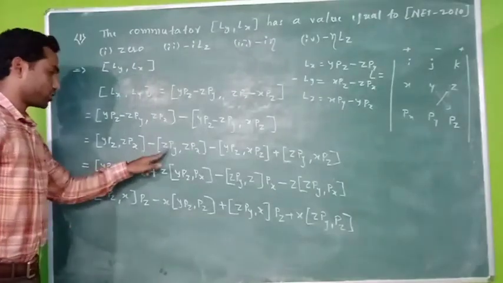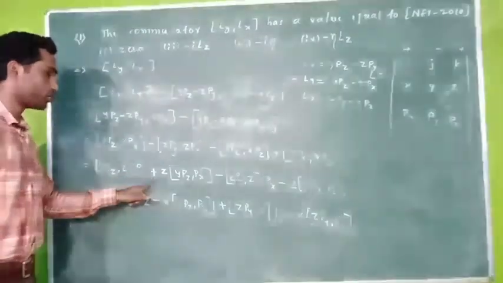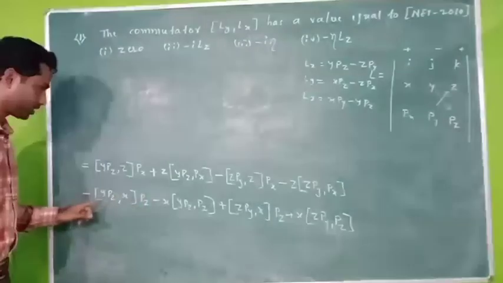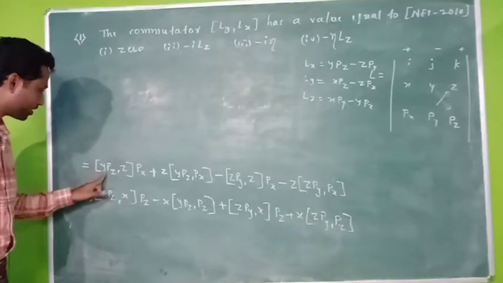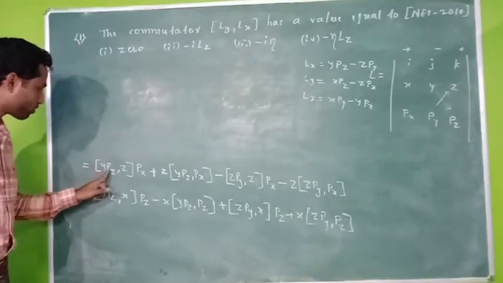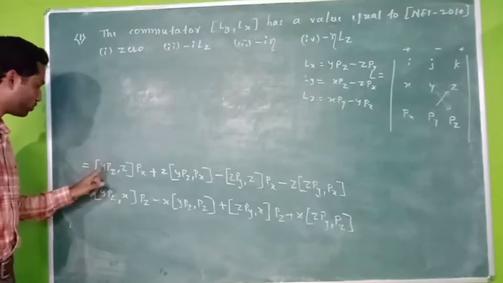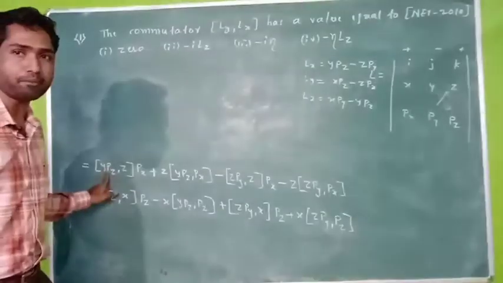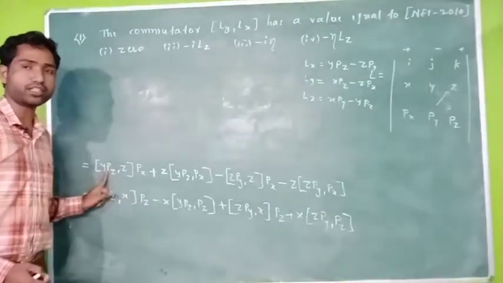This is expanded by using the distributive property of commutators. Again this is a multiplication of two operators, so it can also be expanded by using the distributive property.